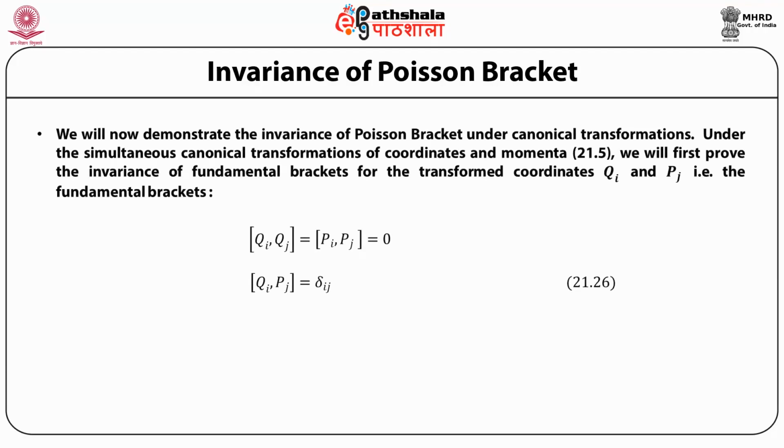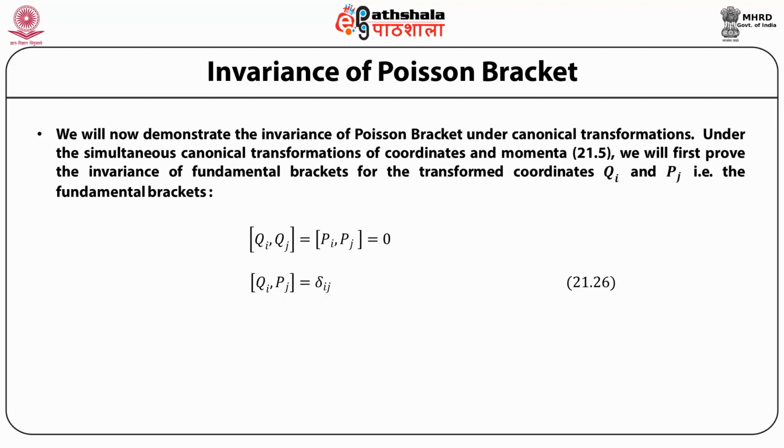We will now demonstrate the invariance of Poisson bracket under canonical transformations. So under canonical transformations, the Hamiltonian equations keep their form, and we will now demonstrate that under canonical transformation, Poisson bracket remains invariant.